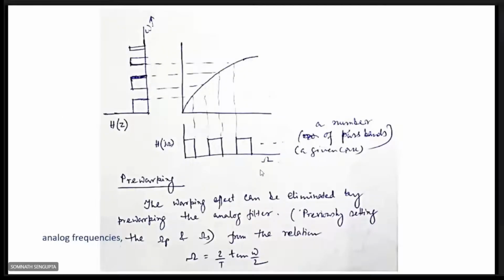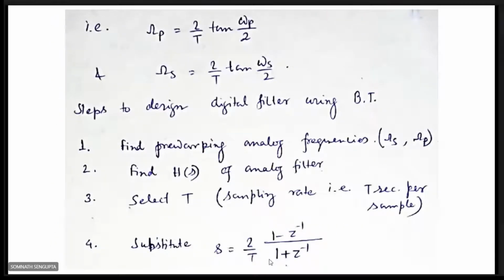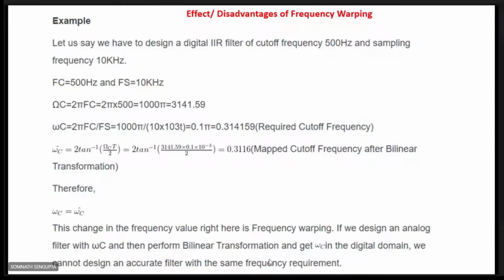Now to remove the warping effect, pre-warping is done. Pre-warping means previously setting omega p and omega s from this relation. It is better explained in another slide, so let me explain this one.